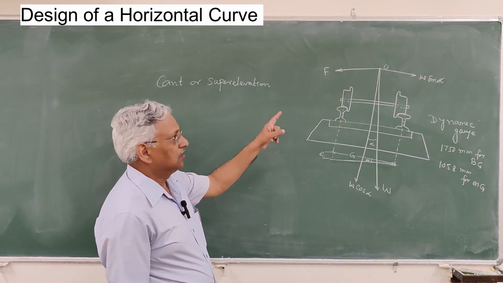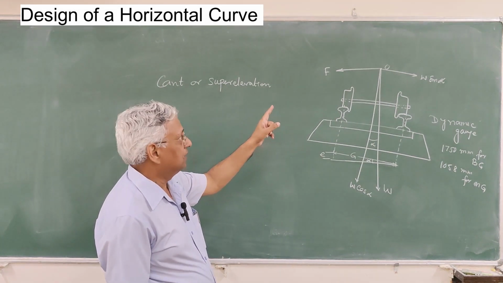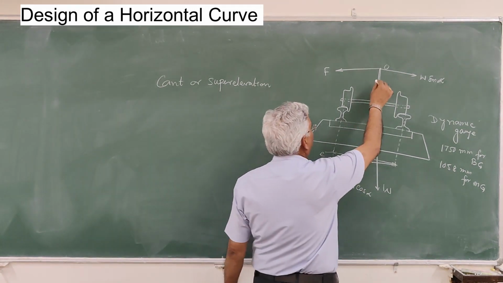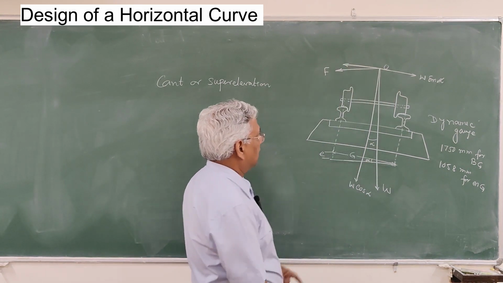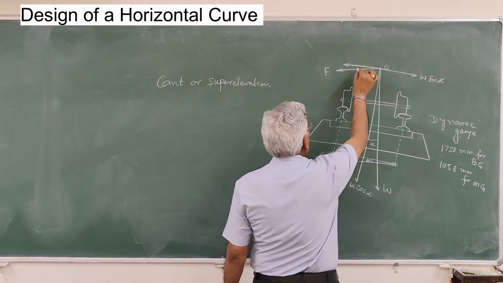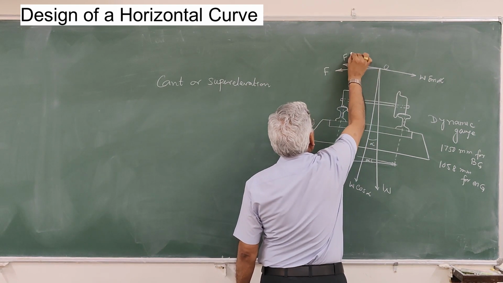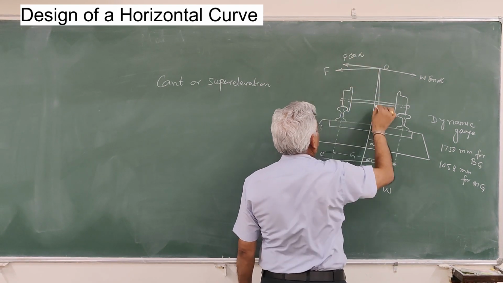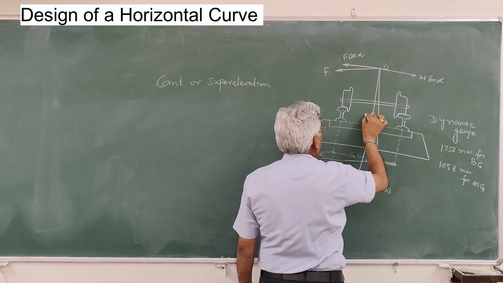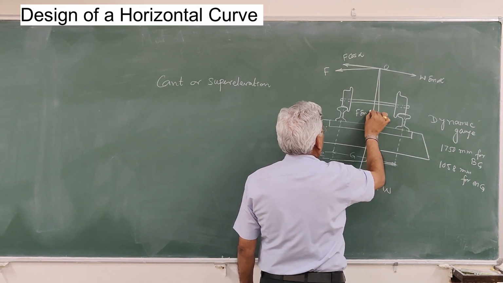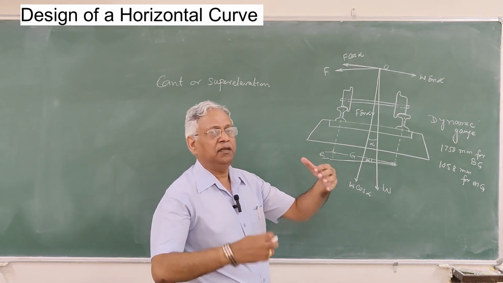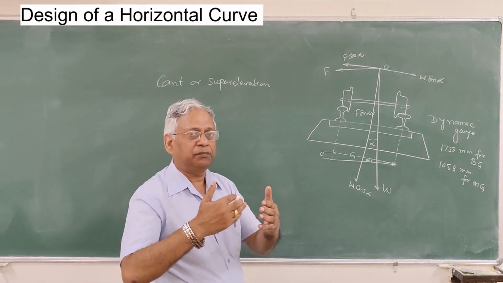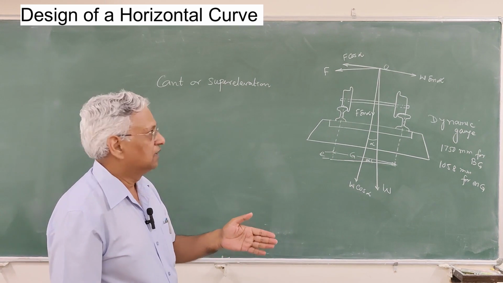And similarly, this force F, the centrifugal force, can also be divided into two parts. One will be parallel to the track. This is also alpha, so this will be F cos alpha, and another will be F sin alpha. F sin alpha plus W cos alpha, their impact is to have the pressure on rails.